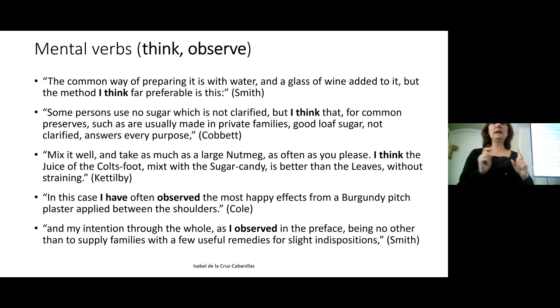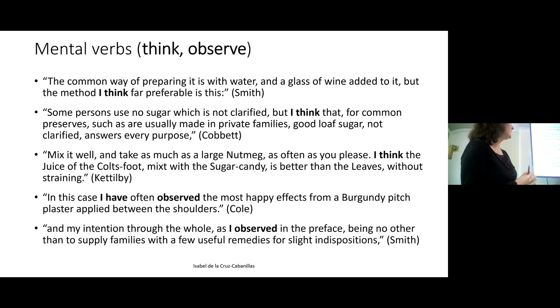I have also searched for certain collocations. So the pronoun, what kind of verbs does it appear with, right? So first we've got mental verbs like think and observe. And here, this is to indicate or to introduce the author's opinion, right?